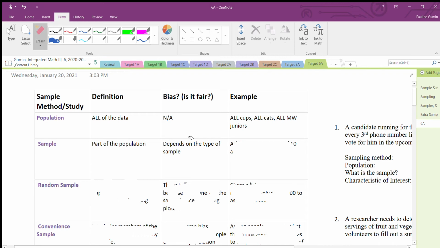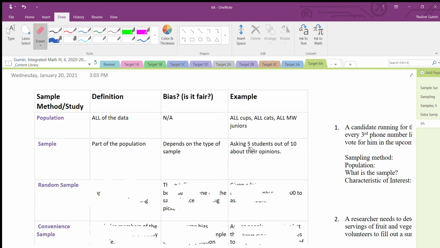It's impossible to survey all of the population. That's just too time consuming. So that's why we take a sample of it. Now, the way we take a sample is going to determine what kind of bias it may or may not have. An example of a sample is like asking 5 out of 10 students their opinion, because you can't get a hold of all 10, so you just ask those 5.